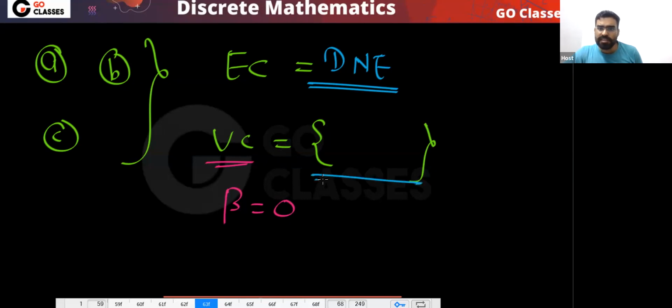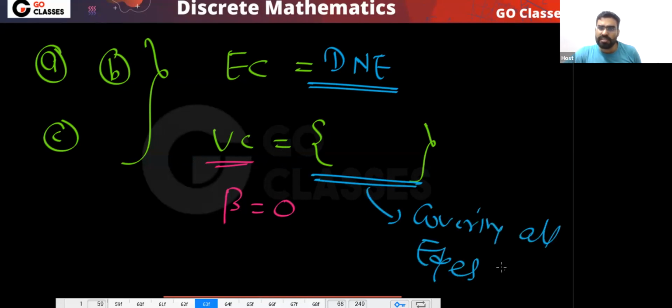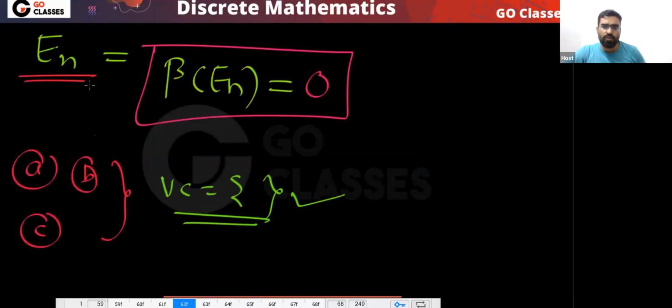Can I say this is covering all the edges? Yes, this is covering all the edges. But this is not covering all the vertices. So this is the difference. Edge cover does not exist. For this graph, the vertex cover will be 0. You don't need any security guard.